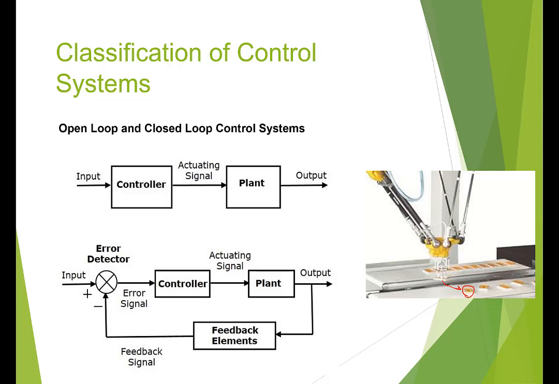Based on this error, the controller will update the joint variables in order to get to that point. This is closed loop. There is feedback involved, a sensor that can measure the error of the output and, based on that, redefine the inputs for the system.